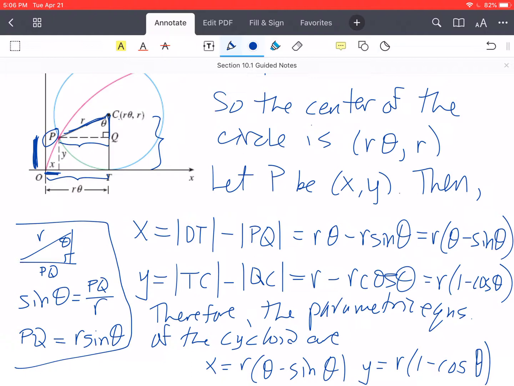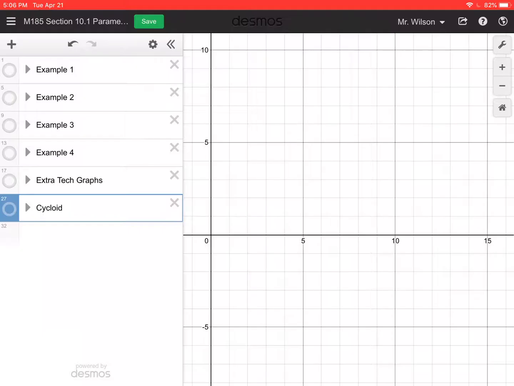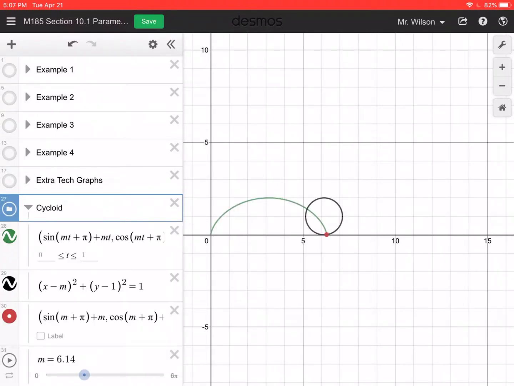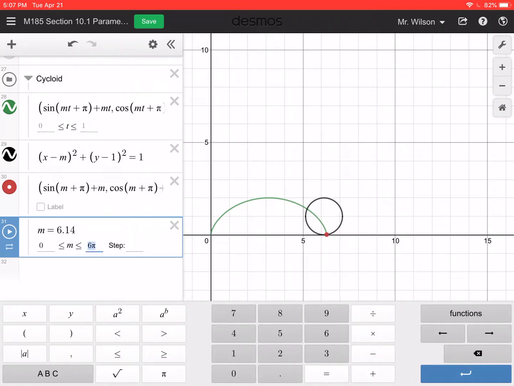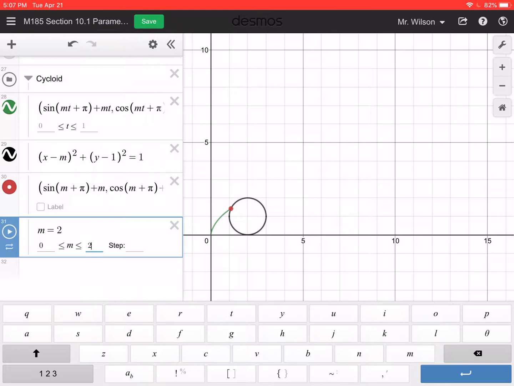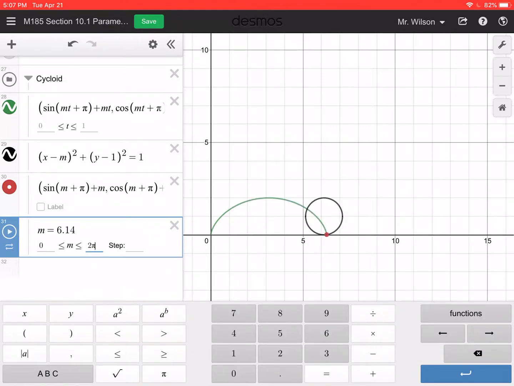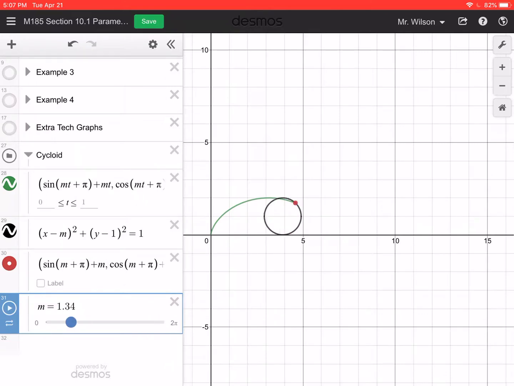So just a brief note, each arch of that cycloid comes from one rotation of the circle. So you can see that back here on Desmos. If I take my cycloid and I adjust it, right now I have it going to 6 pi, but if I only do it to 2 pi, and then I let it run, so 0 to 2 pi makes one arch.